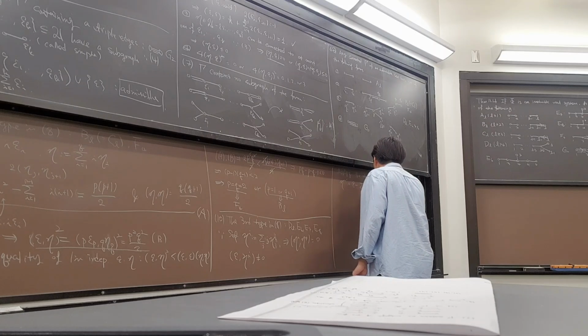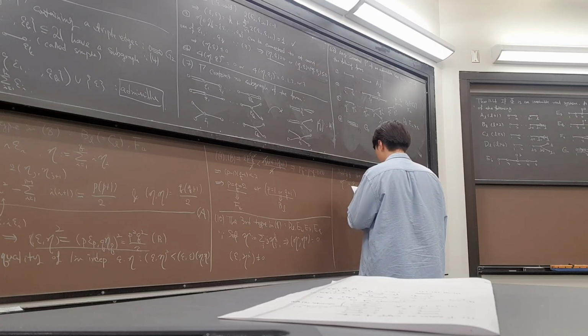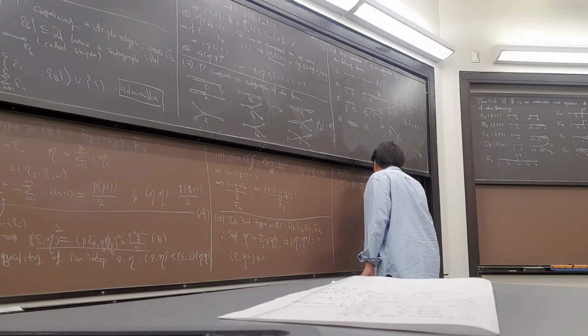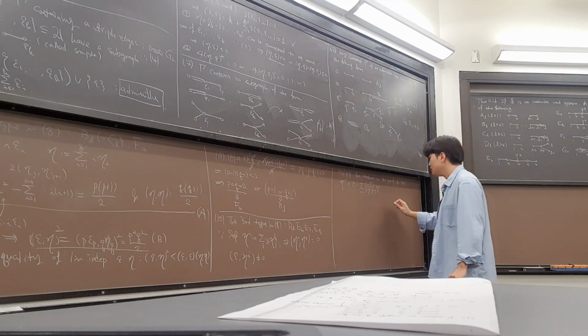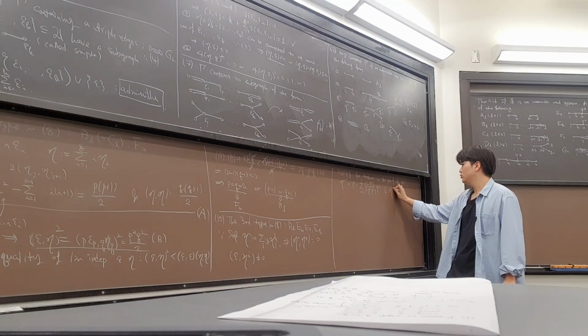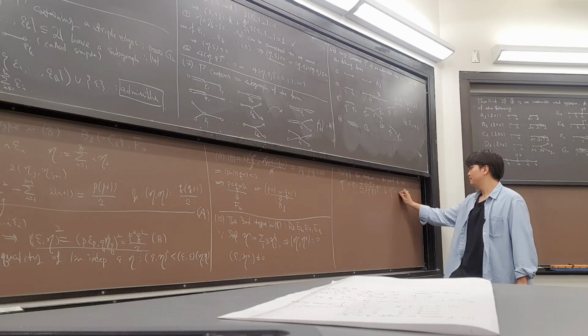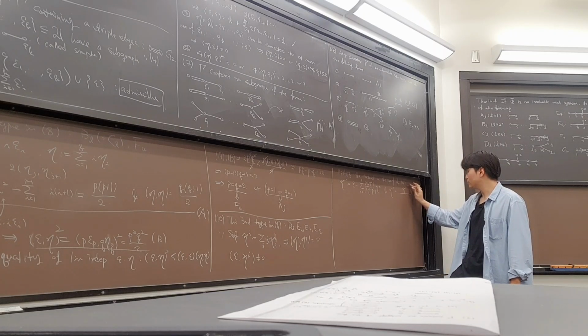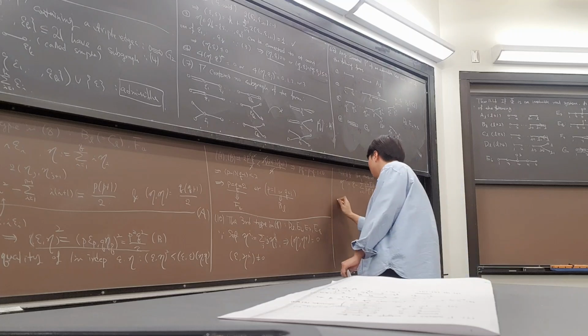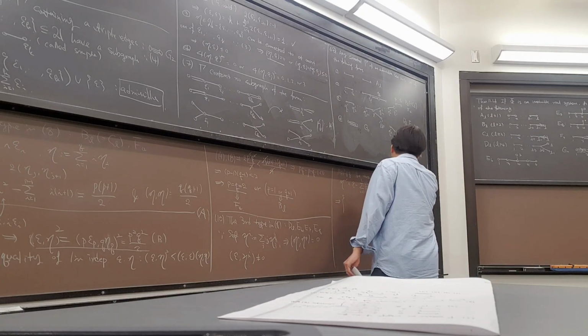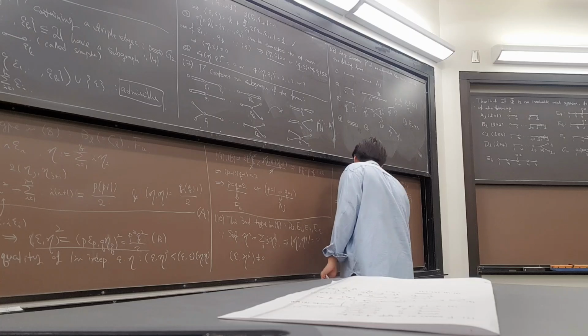And u naught as the same way, u naught prime over the square root of the norm of u naught prime. So by the same reason as claim 4, we can get 3 results.